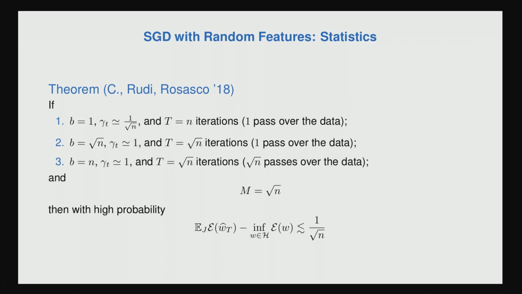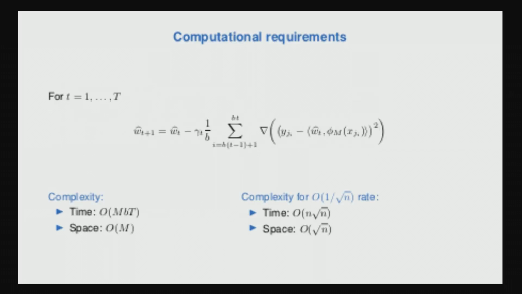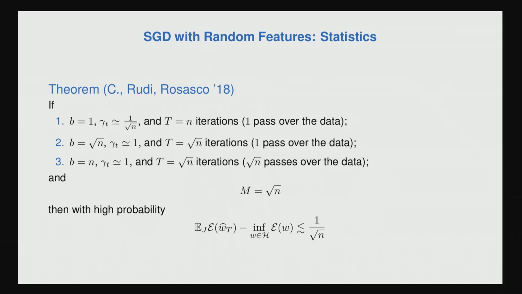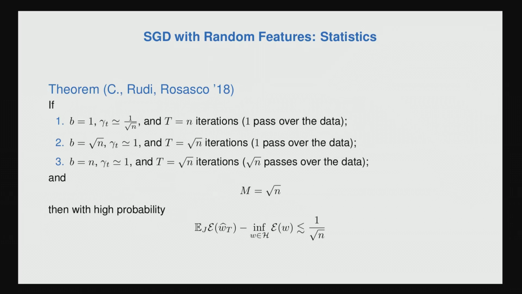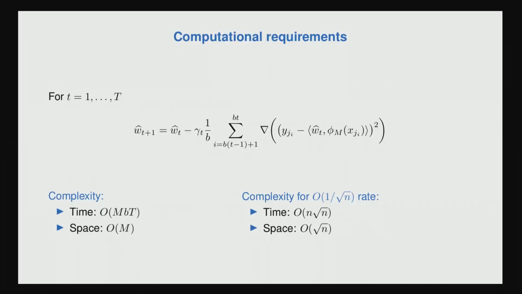It's easy to see, and we will see it later, that this third option is not so good, because if I have a time complexity of MDT, the third option tells me that I have to run more times over the data, so I'm spending more in terms of iterations and I'm just going to increase my computational complexity, and I would like this to be low.